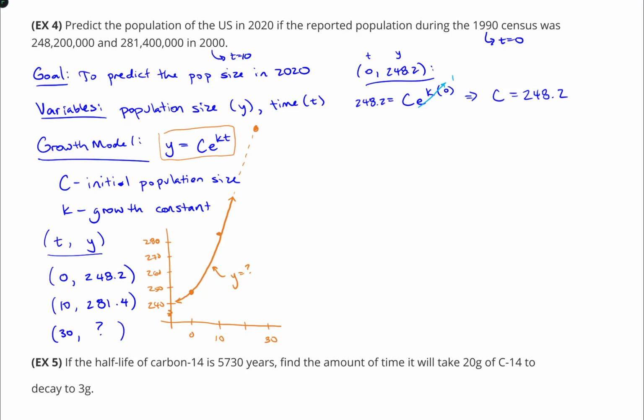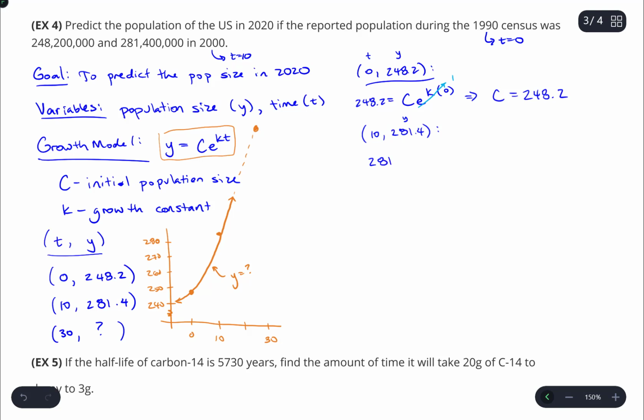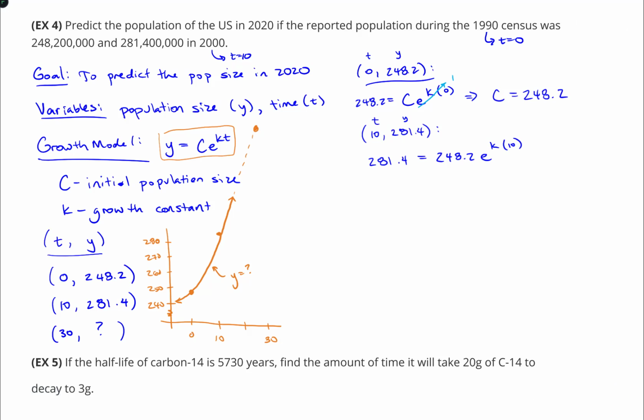Now we have this other point. We have 10 and 281.4. So this is a y value. So I could say 281.4 equals my model. My model now looks like c, which is known to be 248.2, e to the k times this new t value, 10. And let's see what happens.